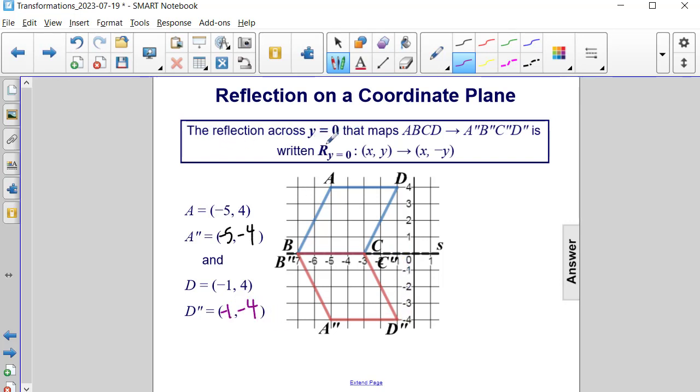So the reflection across the x-axis, or y = 0, that maps quadrilateral ABCD to quadrilateral A double prime, B double prime, C double prime, D double prime, is written as a reflection, capital R, across the line y = 0, such that x, y becomes x, -y. Notice that the y coordinates switched signs and the x coordinates remained the same.